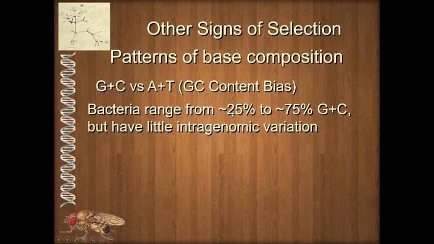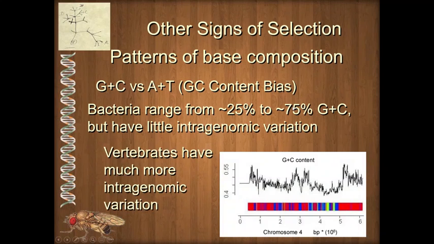The entire genome would be 25%, except under rare exceptions. So that means they have little or low intragenomic variation. But between species, right, intergenomic variation, between genomes of different species, there's often very wide ranges of variation, okay?